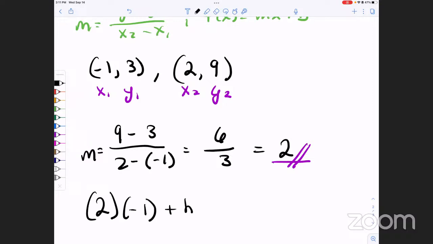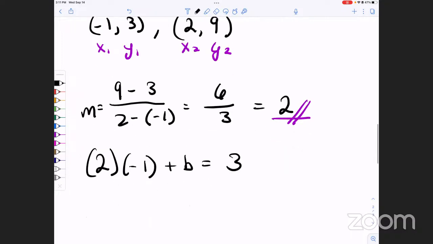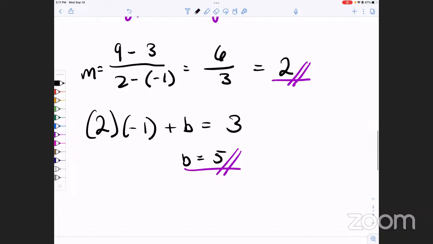We're trying to solve for b, and our y is 3. Add 2 on both sides, b equals 5. So then our claim is that our linear function is going to be 2x plus 5.